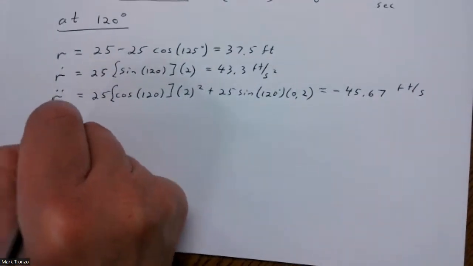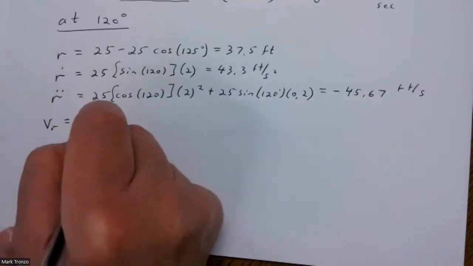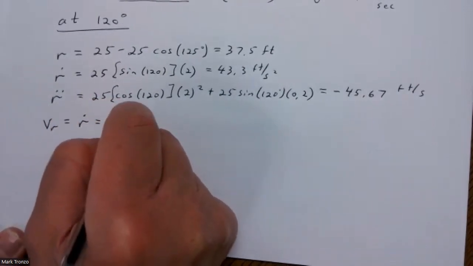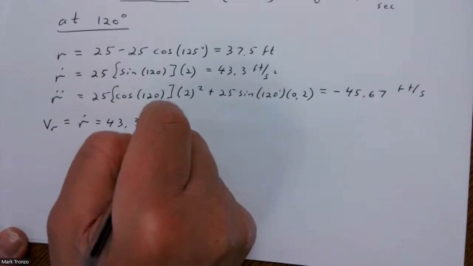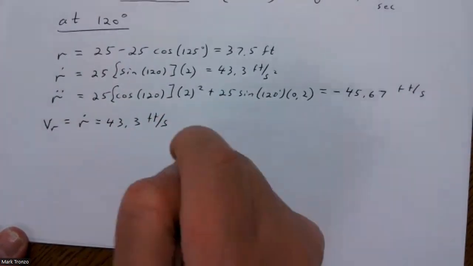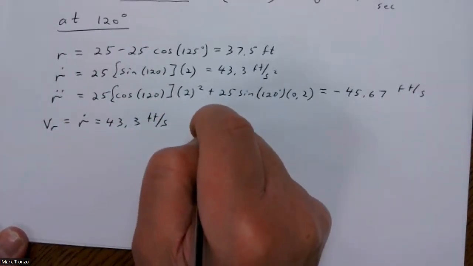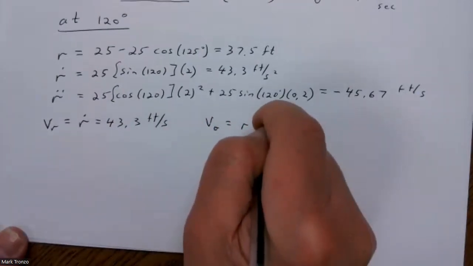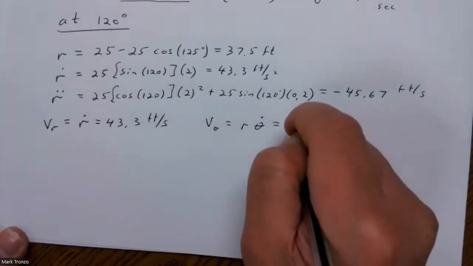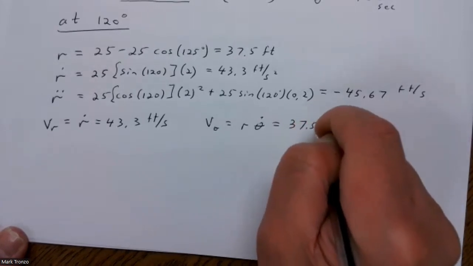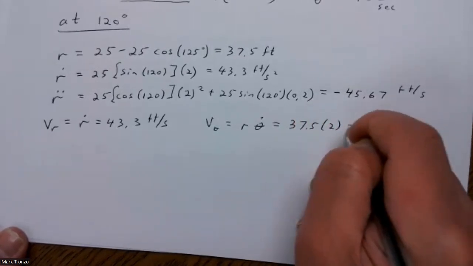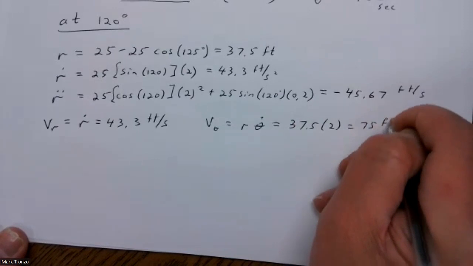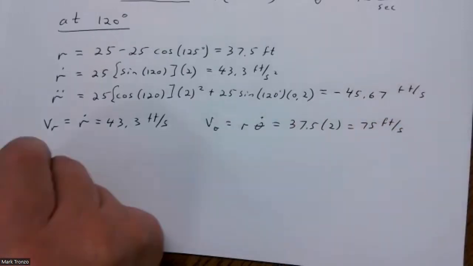And now you can just plug things into the equation. So VR is R dot, which is 43.3 feet per second. V theta is R theta dot, which is 37.5 times 2, which is 75 feet per second.